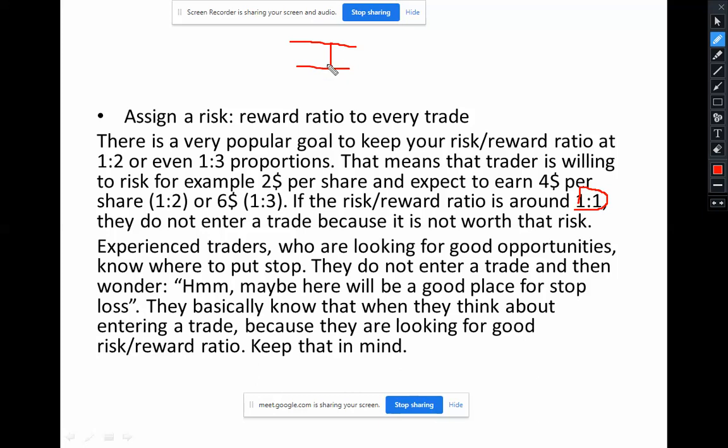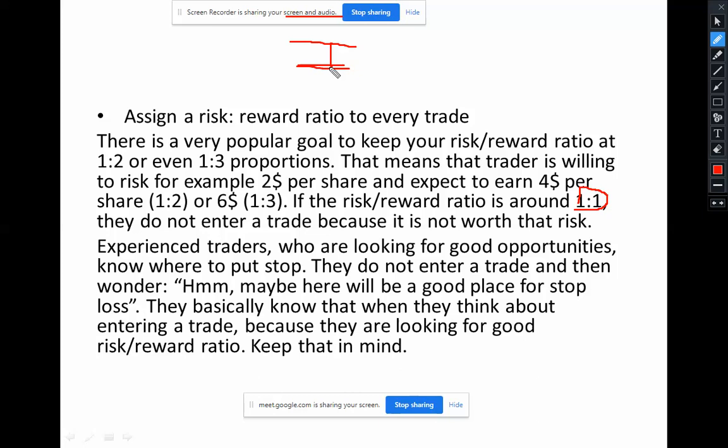Okay, you should not enter the trade because it's not worth that risk. You risk 1%. This is your 1% risk. This is your reward. The same amount. You risk $2 to gain $2. You should not enter the trade. Don't waste your time entering such a trade because it doesn't justify the risk.